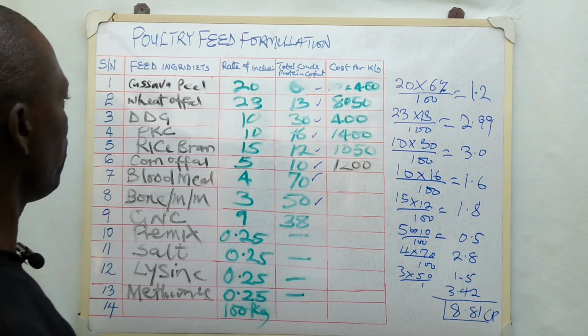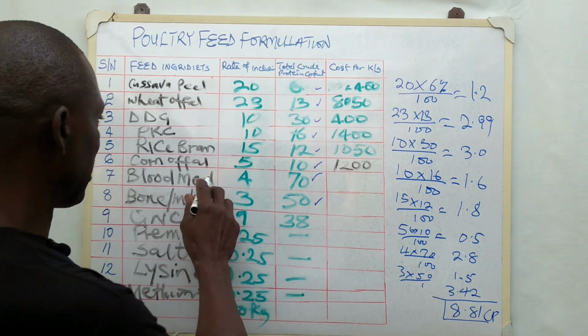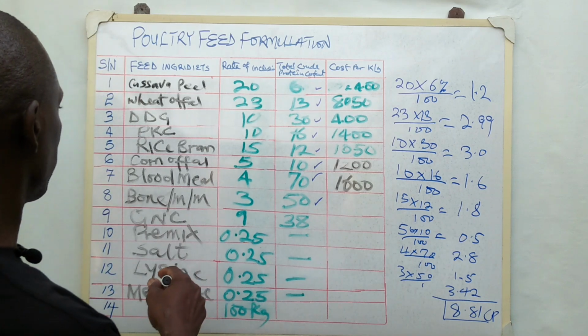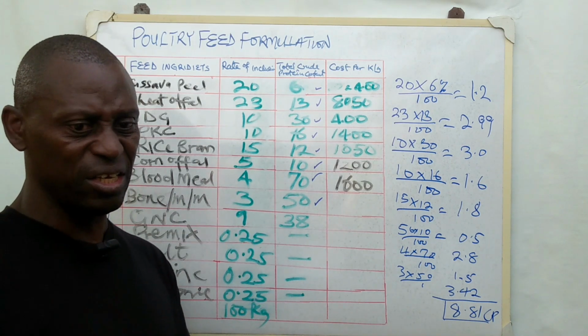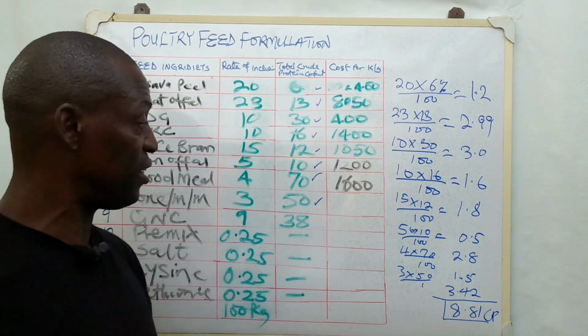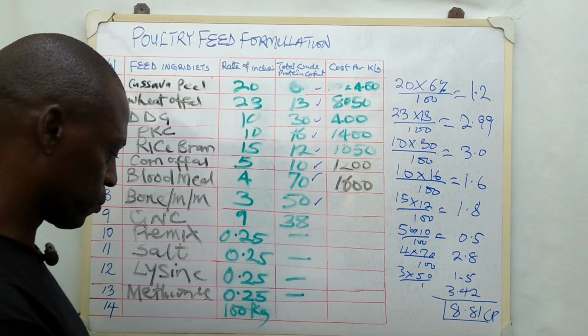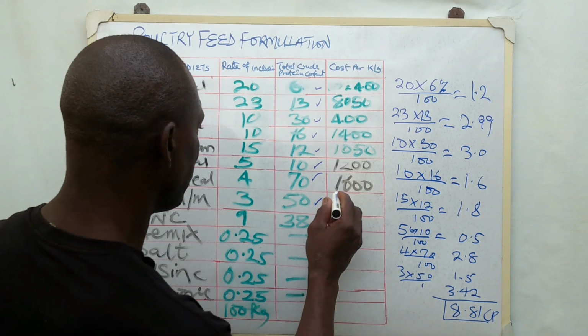Then we have blood meal. Our blood meal here is 400 naira per kilo. 400 times 4 will give us 1,600. Then the next one is bone and meat meal. Our bone and meat meal here is as cheap as 140 naira. 140 times 3 will give us 420 naira.